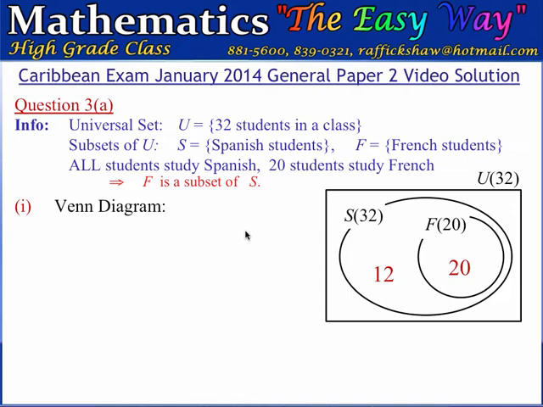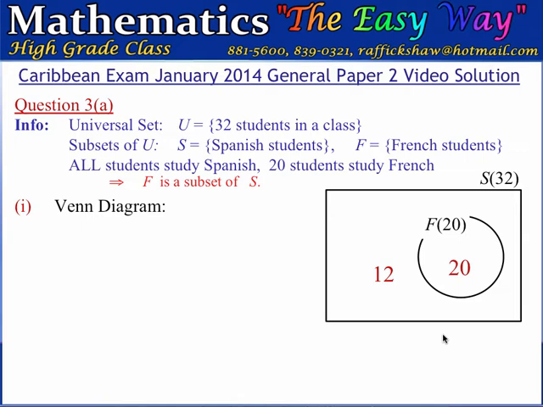And in that case, our Venn diagram would appear like this. Our set of French students will be placed inside this circle, and then the remainder of the 32 students, which is 12 students, will be placed outside here. And that's another way we could represent this Venn diagram.